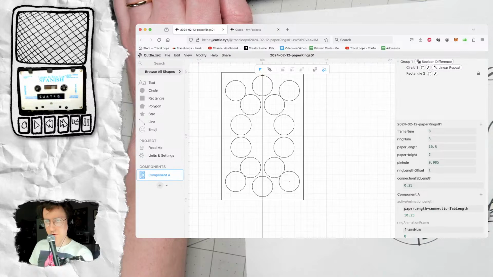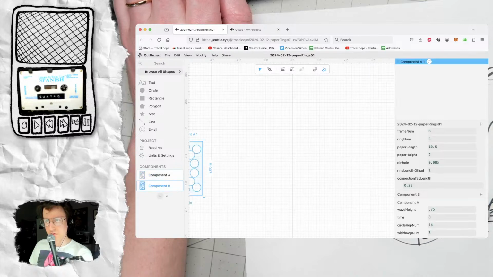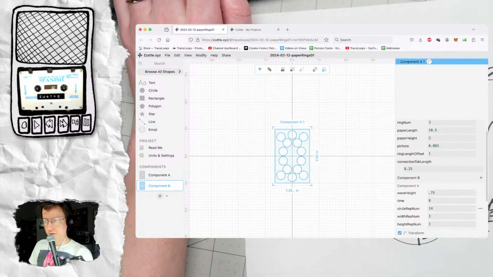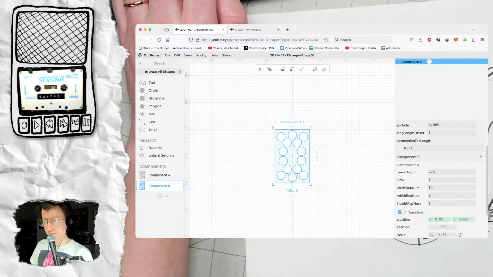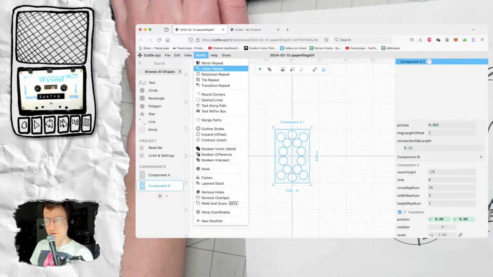Let's delete this component. Create a new one. Pull this in. And time. This might be easier if I do these isolated. Okay. Component, modify, linear repeat.